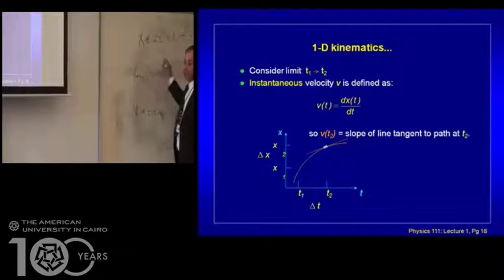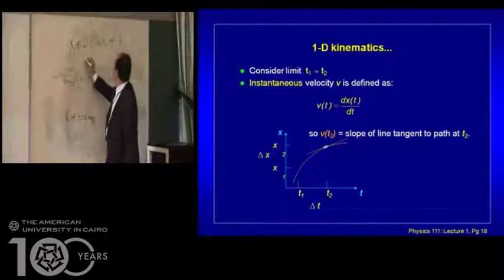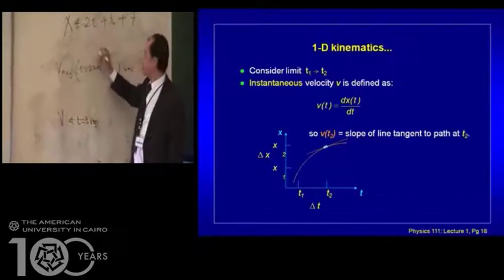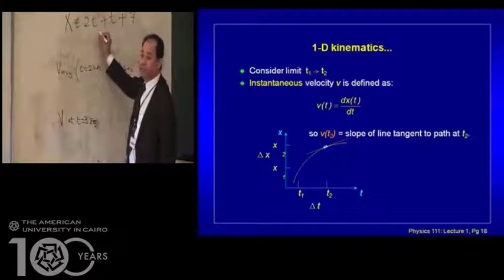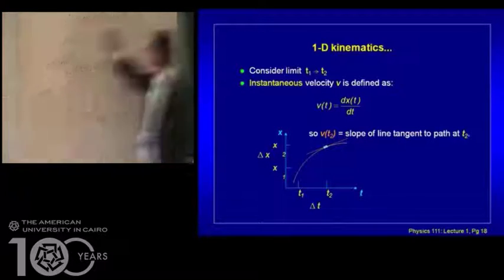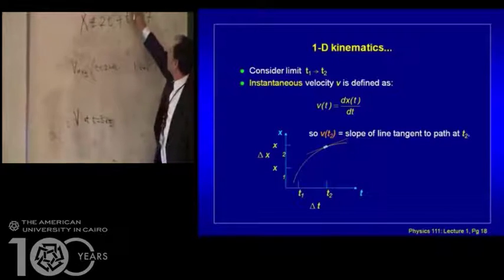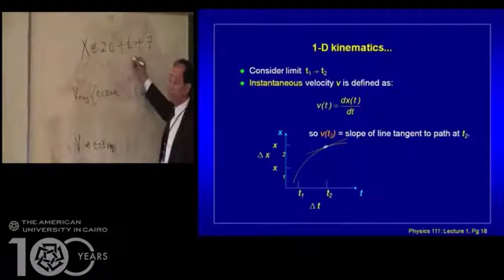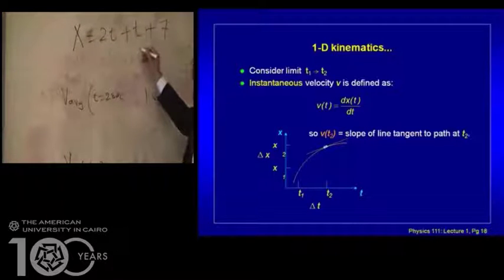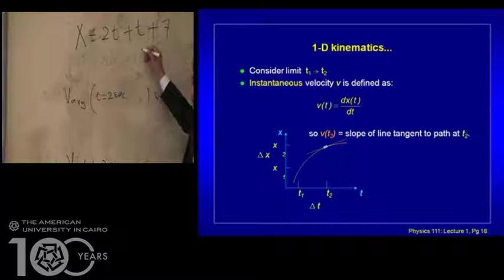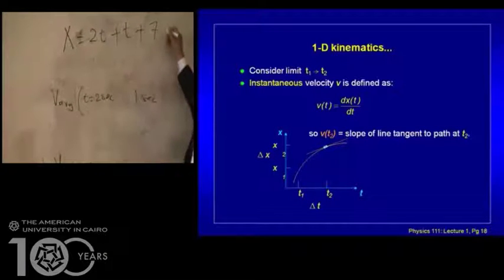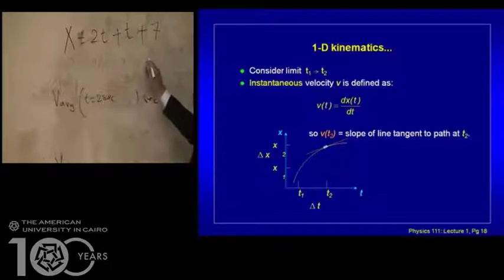That's equal to 2, as it is, times 3, that's the power, times t to the power of 3 minus 1, which is 2, plus, there is power here, that's 1, 1 times t to the power of 1 minus 1, 0, and anything to the power 0 is 1, plus 7 times t to the power 0, and we have agreed that the derivative of a constant is 0.